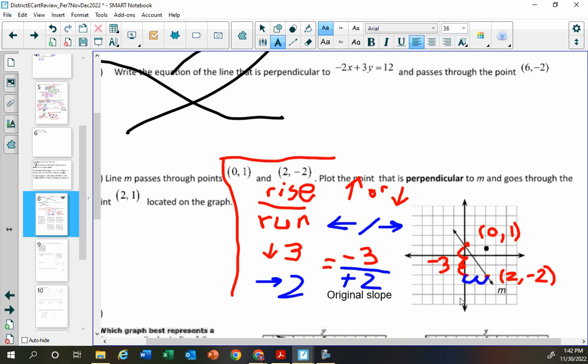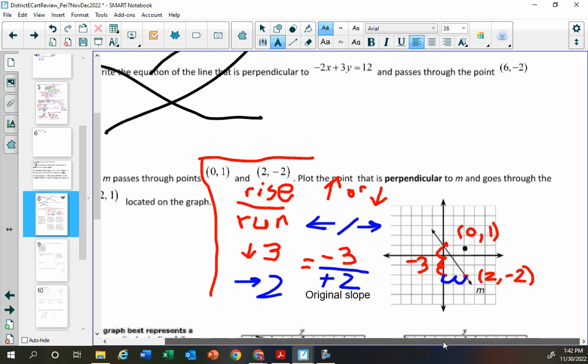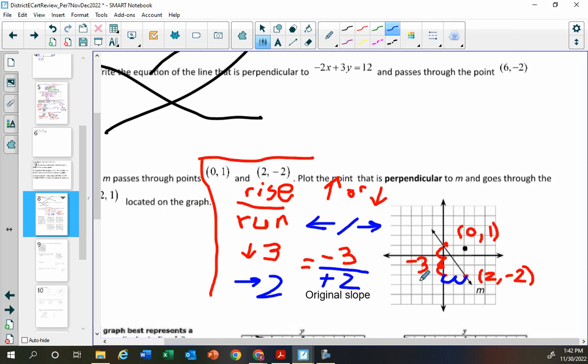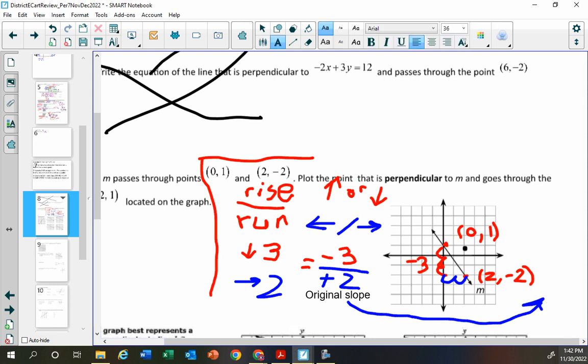All right, now, to get the perpendicular line, so if it's the perpendicular slope, anybody remember from last time? If we want the perpendicular slope, I'm going to write it here.